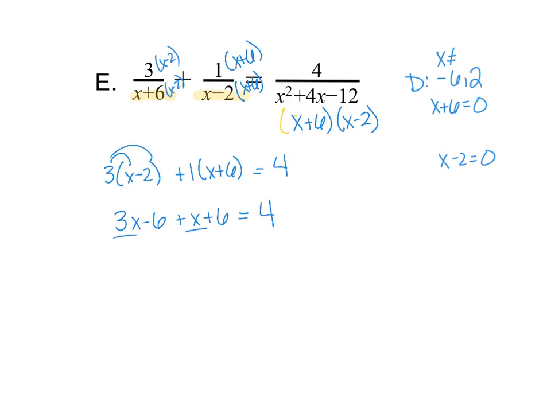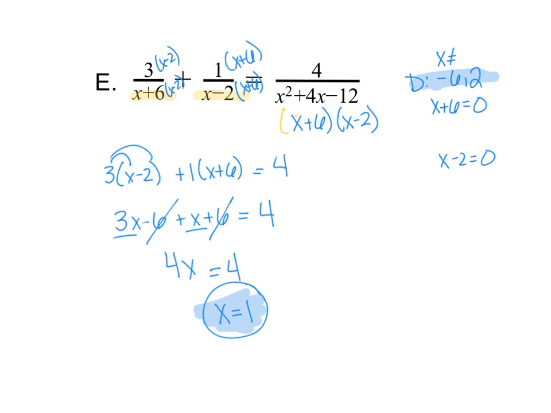We combine our like terms. The 6's cancel, and we get x equals 1. Again, we want to check that against our domain. It is okay, so that answer is a valid answer.